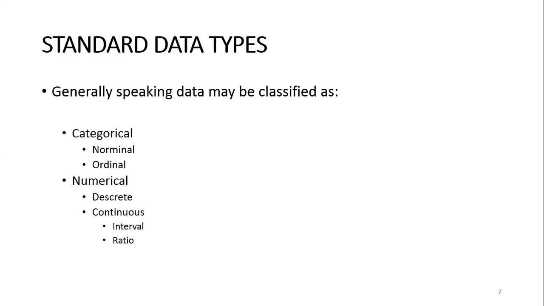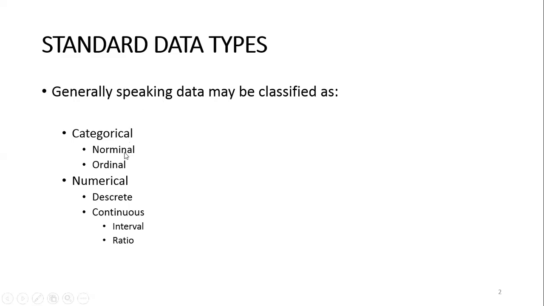Under categorical data, we have the nominal data, we have ordinal. Then under numerical data, we have discrete, continuous. Under continuous, we have interval and ratio data.